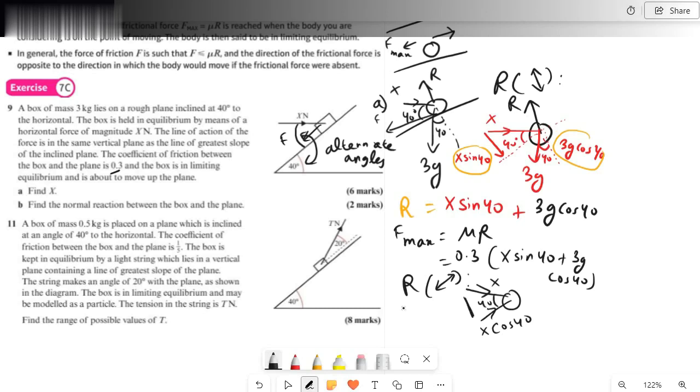So this should be x sine and this should be x cos, just like I have mentioned before. And we also have a frictional force which is acting in this direction, which is F max. And similarly, due to the weight, we also have a component in this direction, which is going to be 3g sine 40.